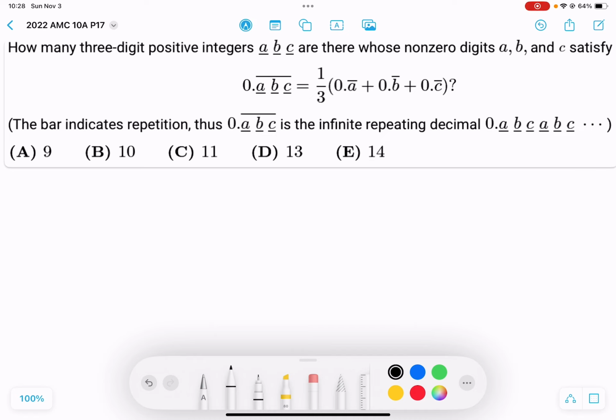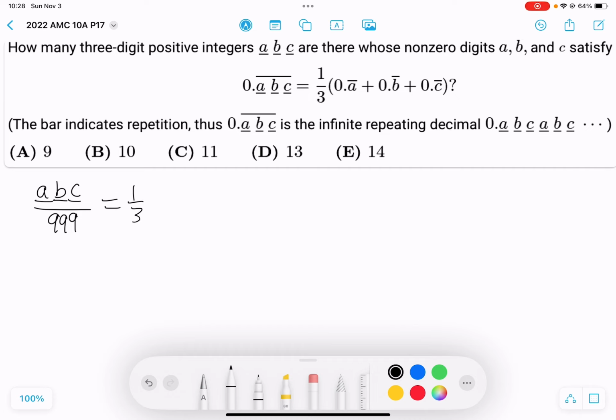Okay, so after reading the question, let's start by simplifying the equation, because right now we can't do much with it. On the left-hand side, we can write this as a fraction: abc, the three digits together, over 999.